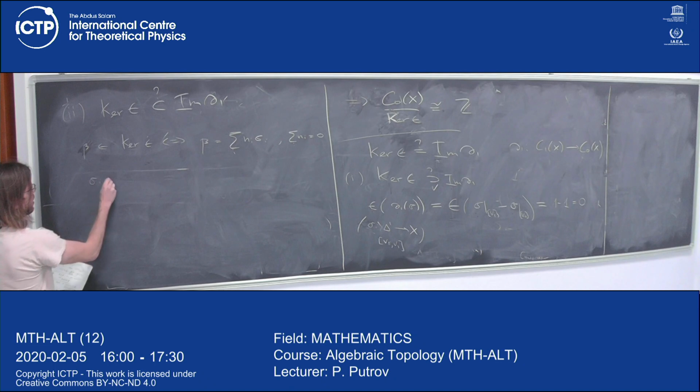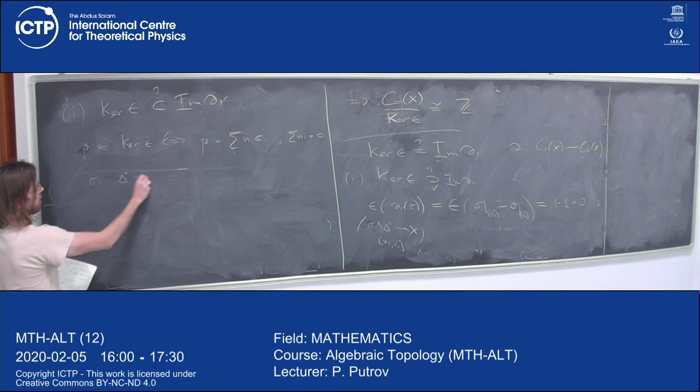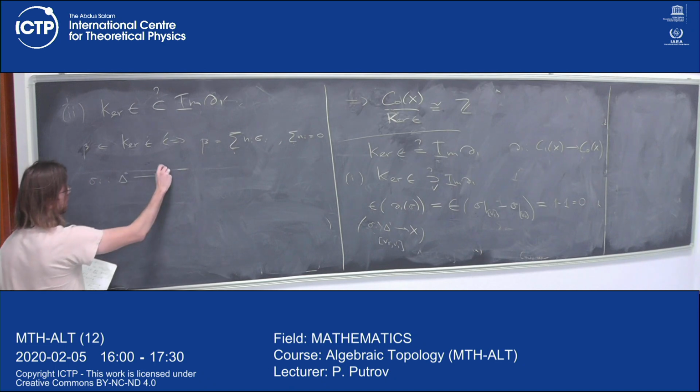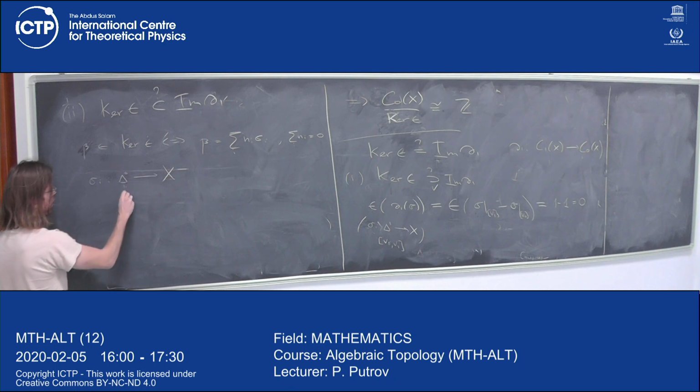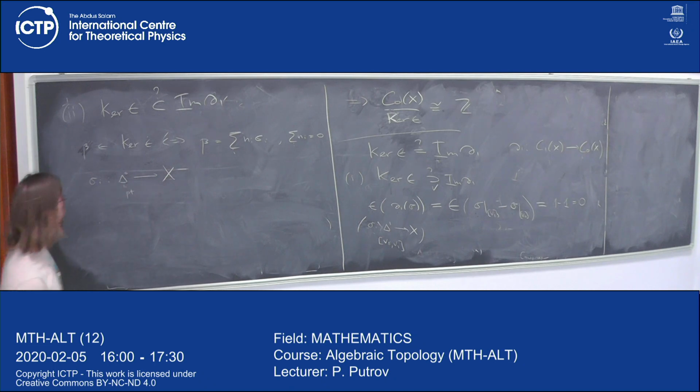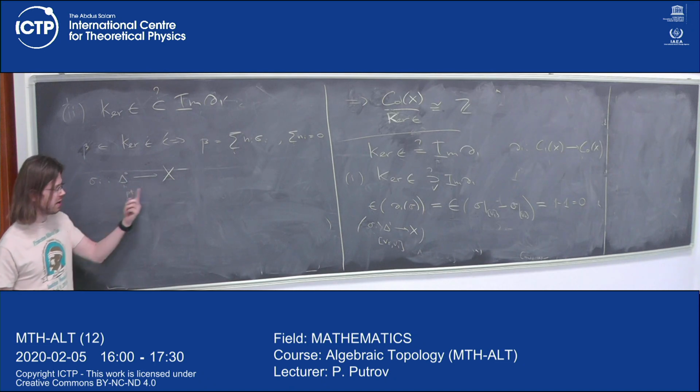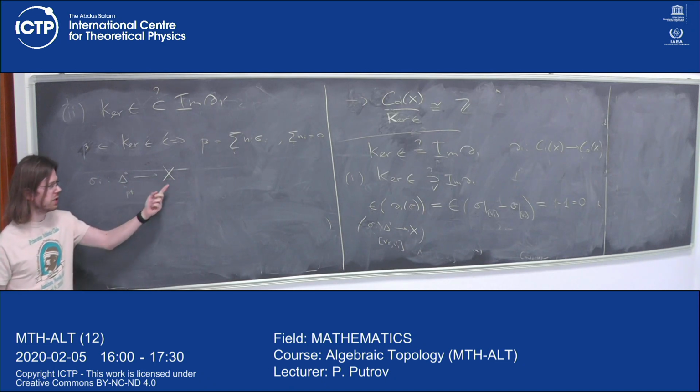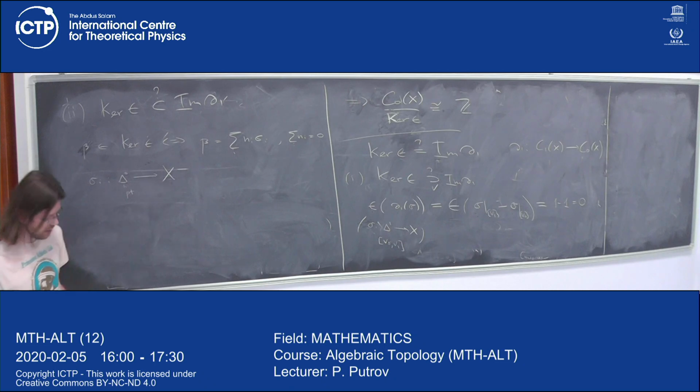So the sigma i's, remind you, are maps from zero simplices to x, and this is just a point. A map from a point to some topological space is uniquely determined by its image, by just some point in x.